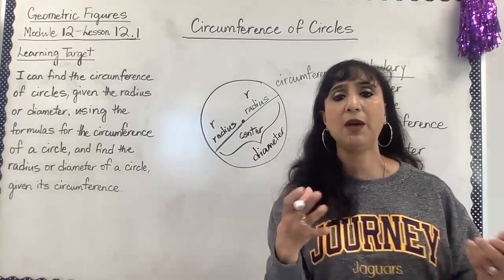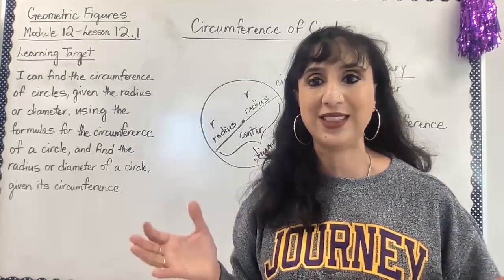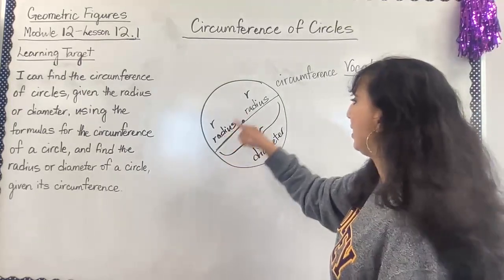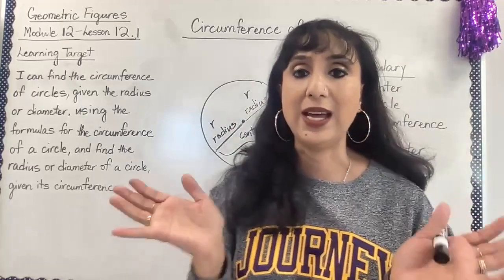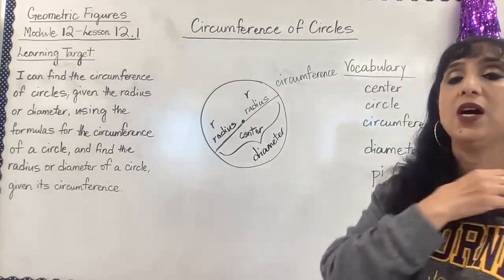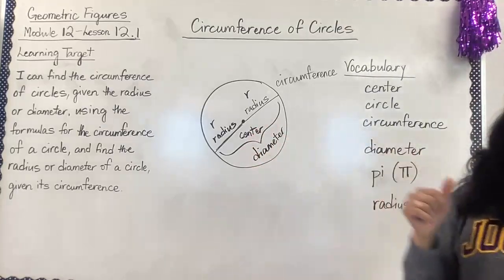So what does that tell me about the diameter? How many radiuses are in there? This one and this one. So we have two radiuses in a diameter, all right? Or a radius is half the diameter, if you look at that.